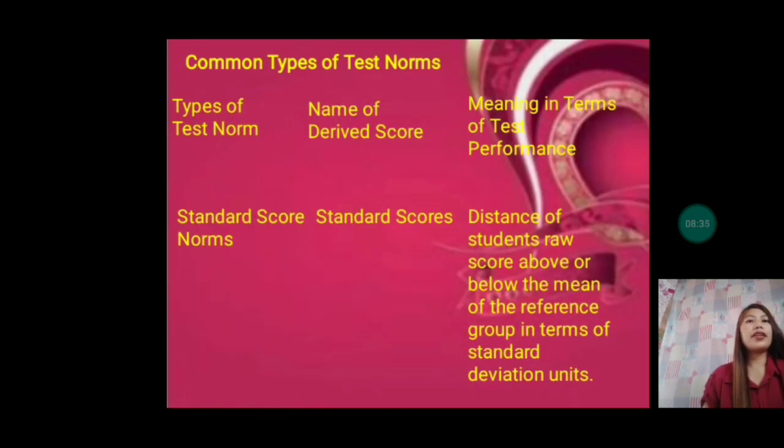Now, these are the common types of test norms. First is standard score norms. Name of derived score: standard scores. Meaning in terms of test performance: distance of students' raw score above or below the mean of the reference group in terms of standard deviation units.